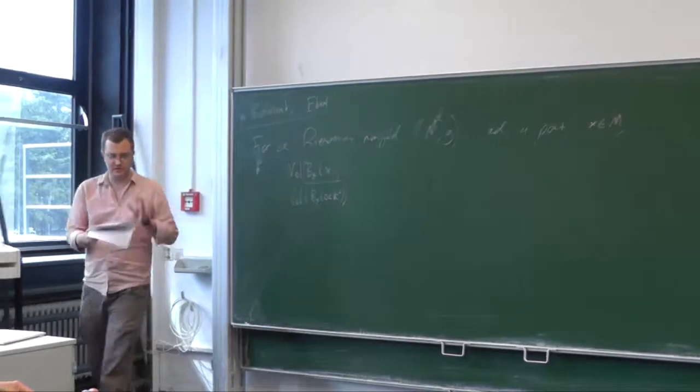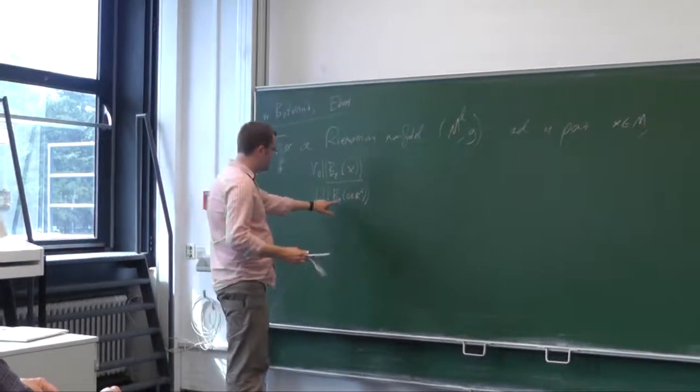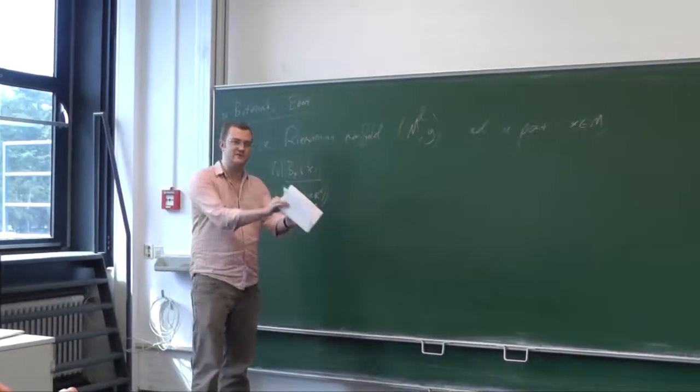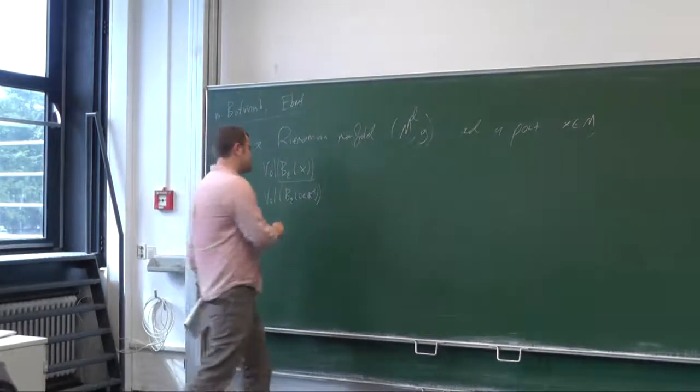And you can ask how close those are. And epsilon, of course, means some small number, and we're only going to ask this for small enough balls, and so you can sort of expand it.